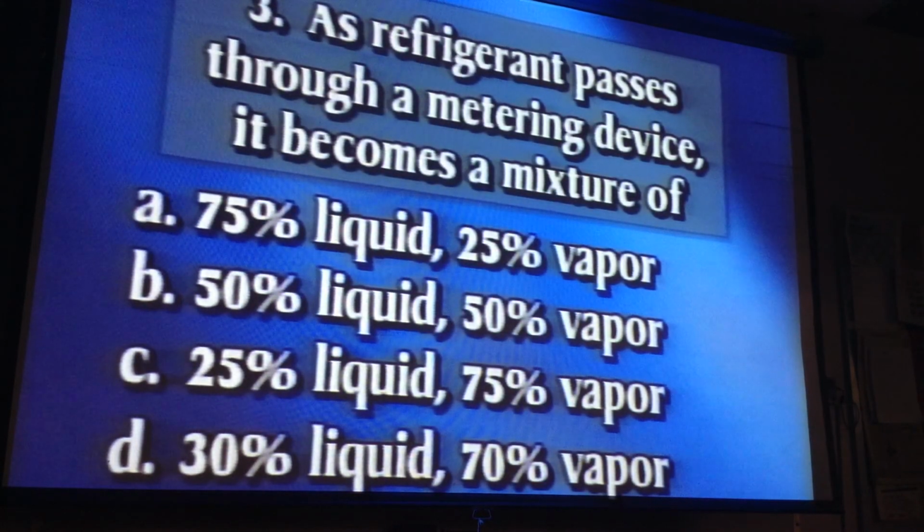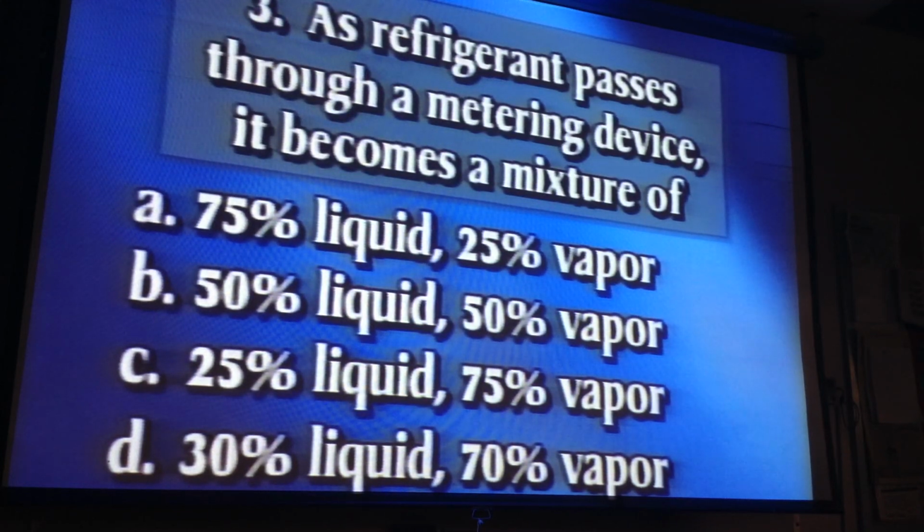As refrigerant passes through a metering device, it becomes a mixture of: A, 75% liquid, 25% vapor; B, 50% liquid, 50% vapor; C, 25% liquid, 75% vapor; D, 30% liquid, 70% vapor.